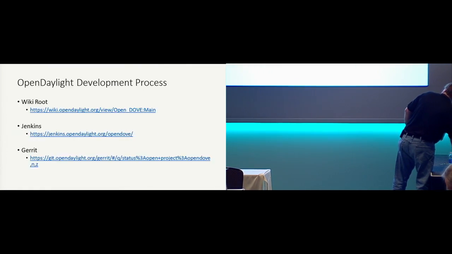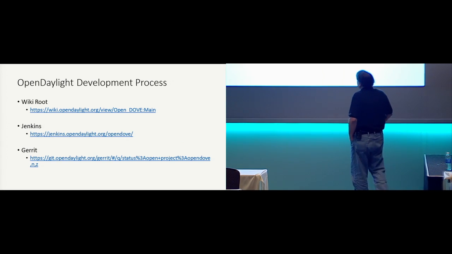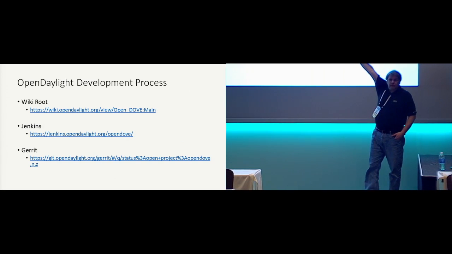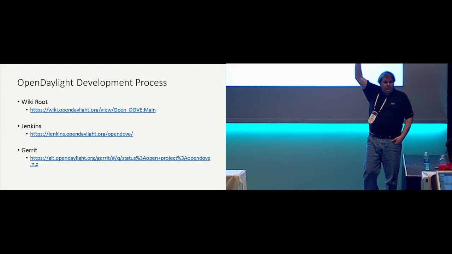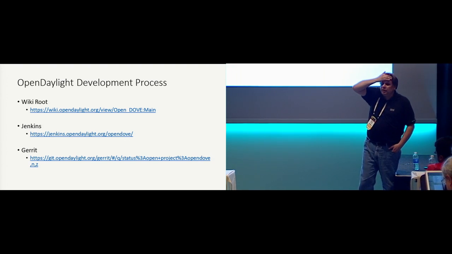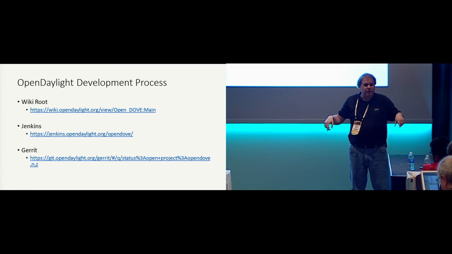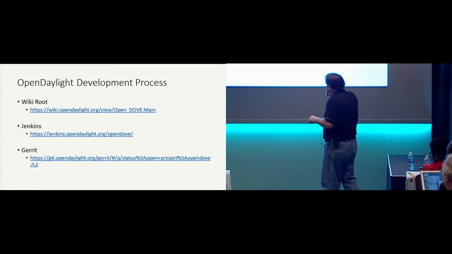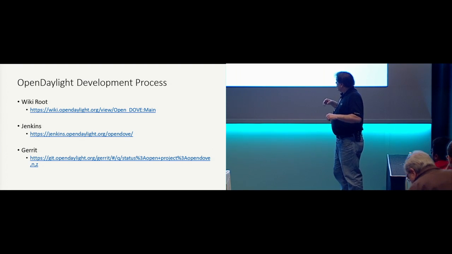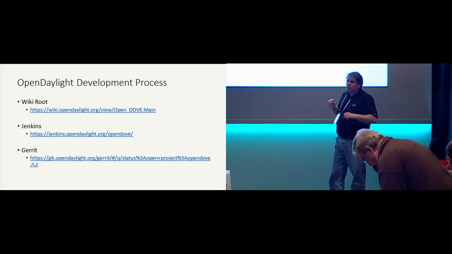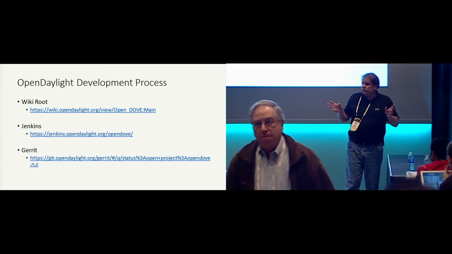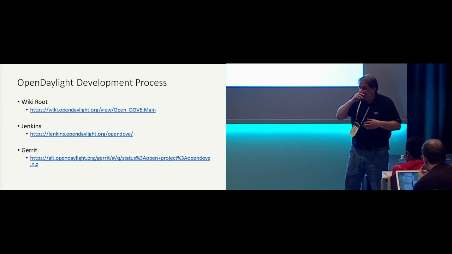I had mentioned the wiki root a couple of times. That's the URL. If you go there, there are steps for all of this so that you can recreate it yourselves. If you get involved in developing with OpenDOVE, we welcome you with open arms.